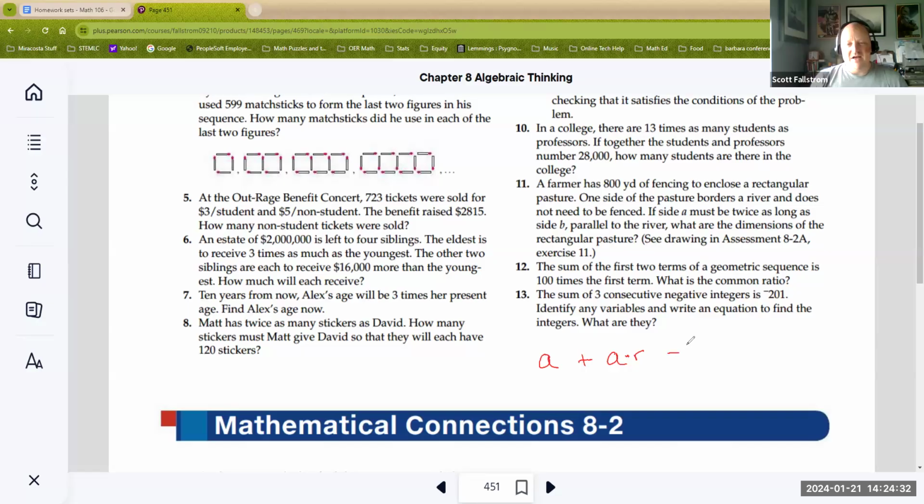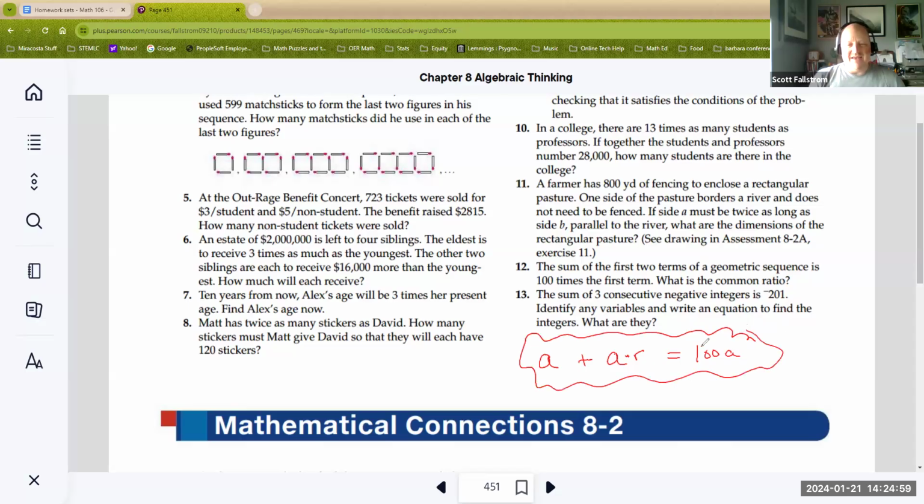And that sum that we get is 100 times the first term. What a cool question. Then I can just go through and say, well, wait a minute, how can I get this? Maybe I want to get all the A's on one side, or maybe I can think of multiplying or dividing by something to make it easier for myself, but create the equation.